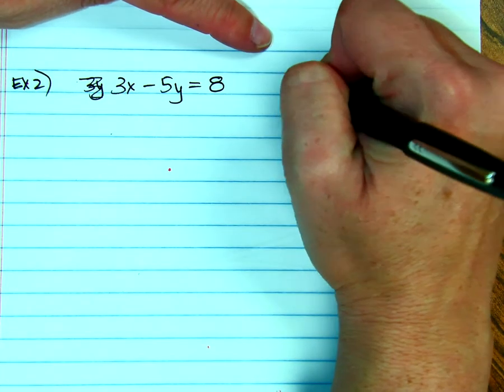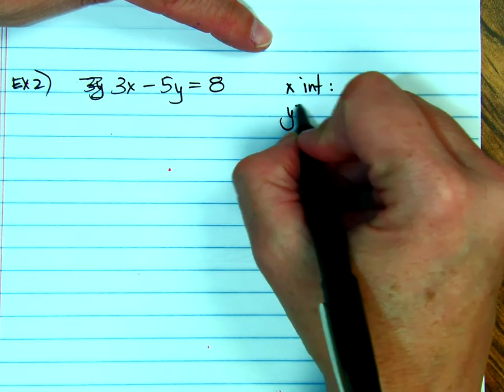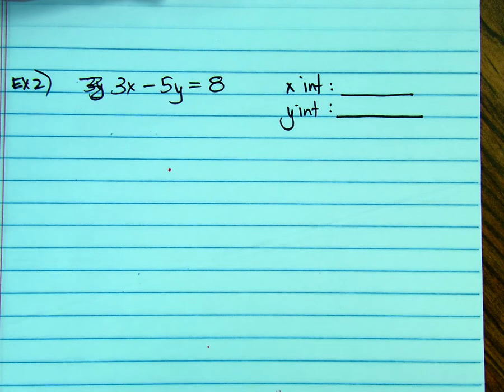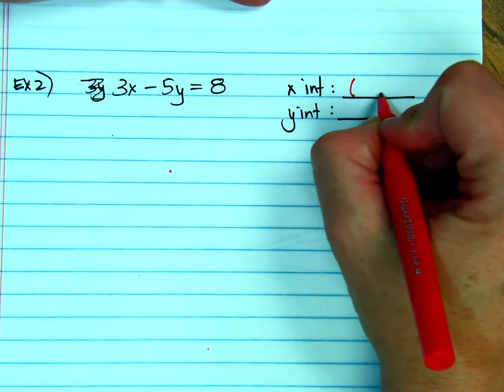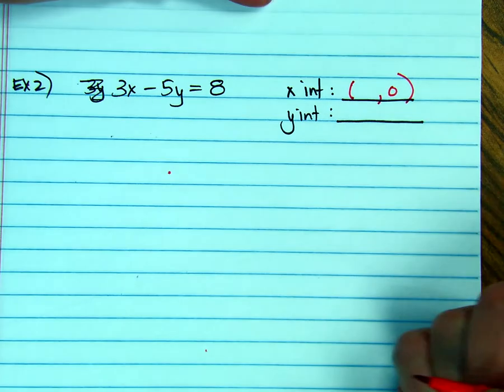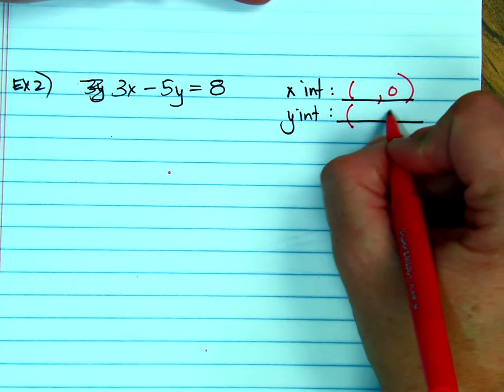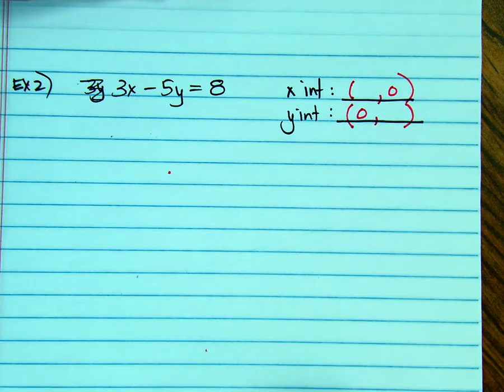So I'm looking for my x-intercept and my y-intercept. I like to start off with knowing that the x-intercept, I'm looking for x, so that means my y has to be 0. My y-intercept, that means I am looking for y, and then my x is 0.